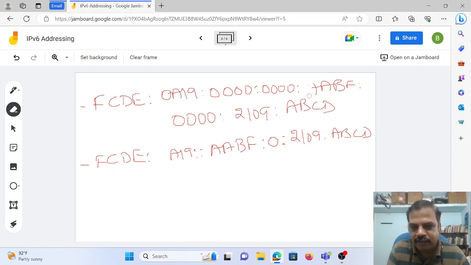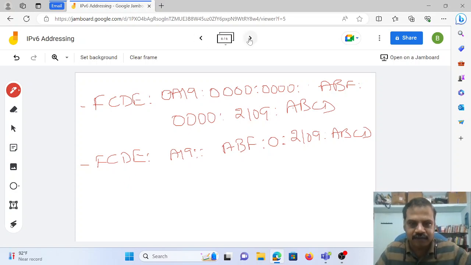So here we have a 0, and here too we can leave it. When you have a preceding 0, we can leave it. When you have a 0 after the number, suppose after this F you have a 0, we should not leave that, because that will change the value. Only the preceding zeros can be avoided. And this double colon format should be used only once. Only once, two times we should not use.